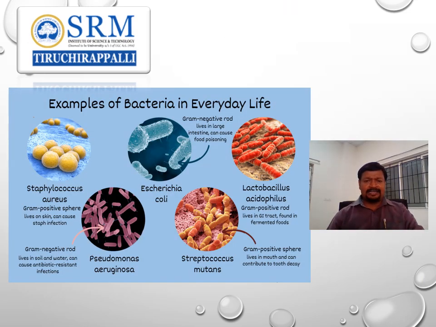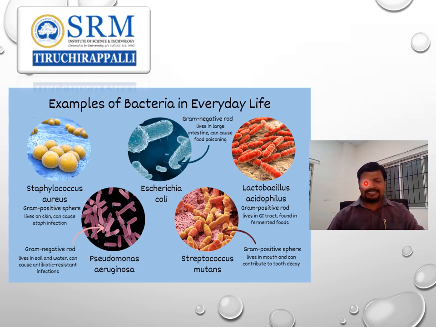A few examples of bacteria in everyday life. One is Staphylococcus aureus, gram positive, spherical, lives on skin, can cause staphylococcal infections. Another is E. coli, Escherichia coli, a gram-negative rod living in the large intestine, can cause food poisoning.